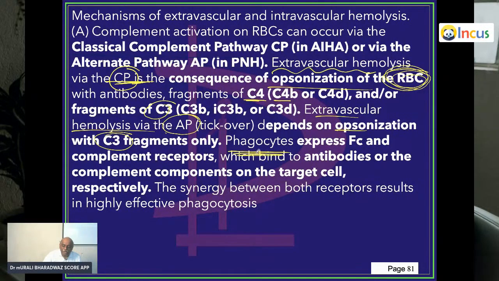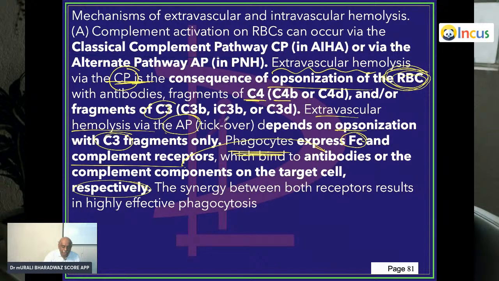If you look at the phagocytes in the spleen, they express Fc and complement receptors, which bind to the antibodies. The RBC, opsonized by a sugar coating of C3 and C4, will be attacked by the macrophages in the spleen.